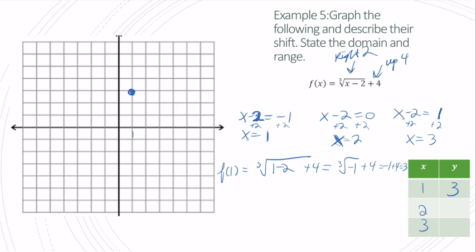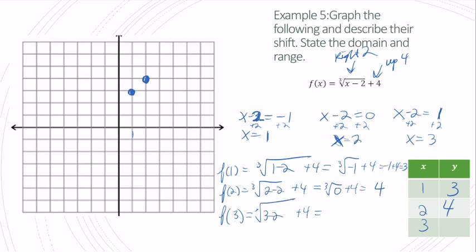When f of 2, that's the cube root of 2 minus 2 plus 4, which is the cube root of 0 plus 4, which will just give me 4. And then for 3, I've got f of 3 is the cube root of 3 minus 2 plus 4, which is the cube root of 1 plus 4. 1 plus 4 is 5, right? So this is going to be my new function.